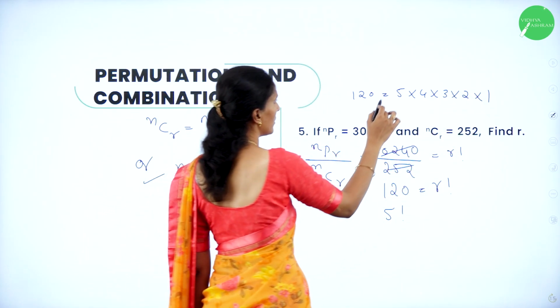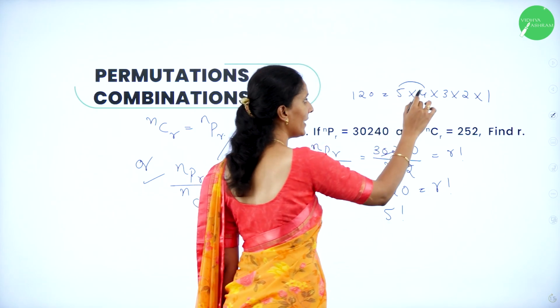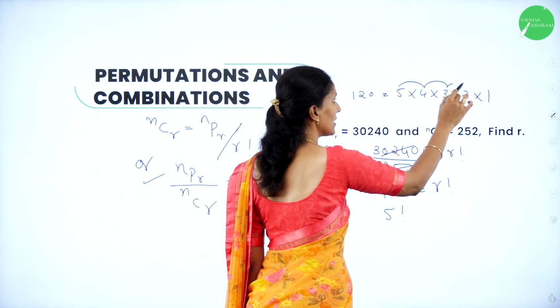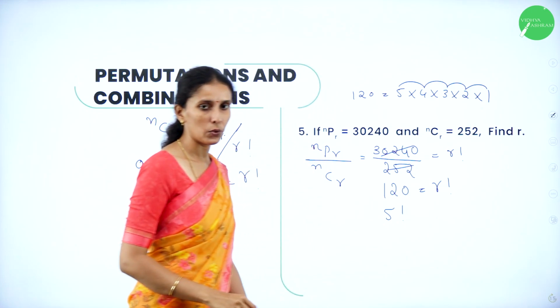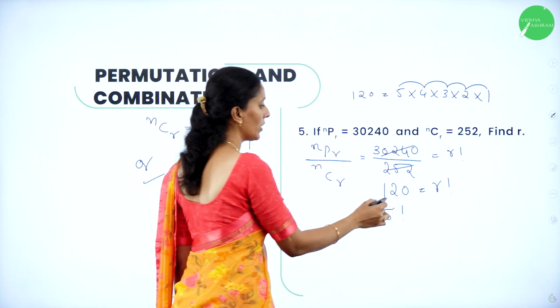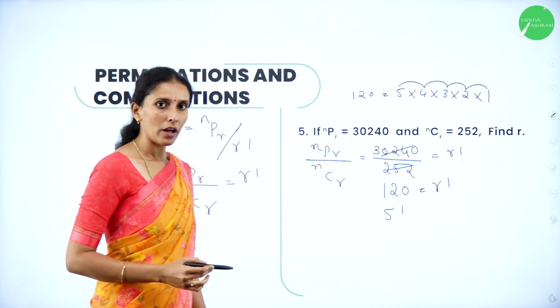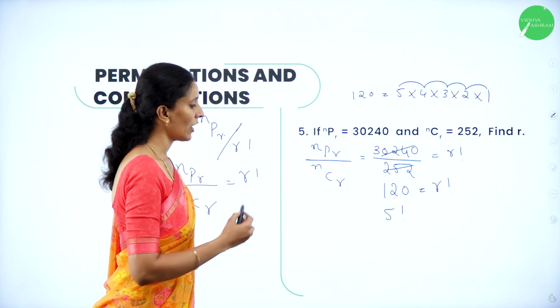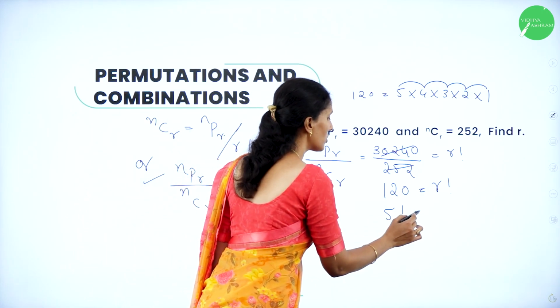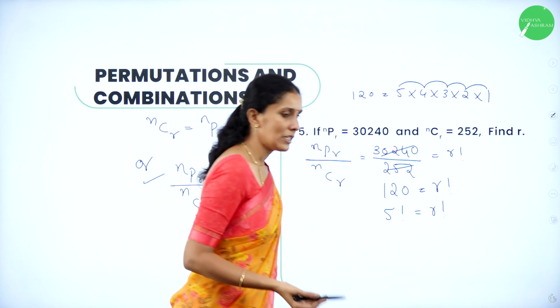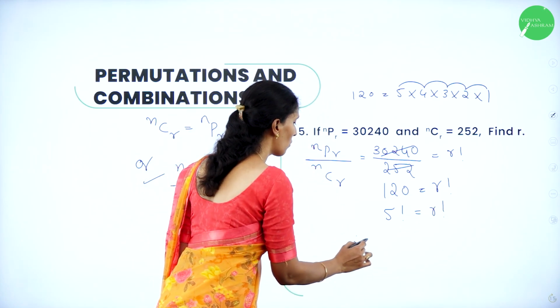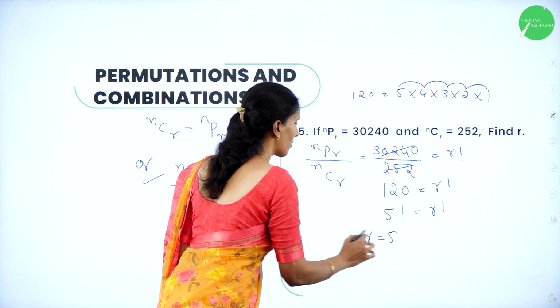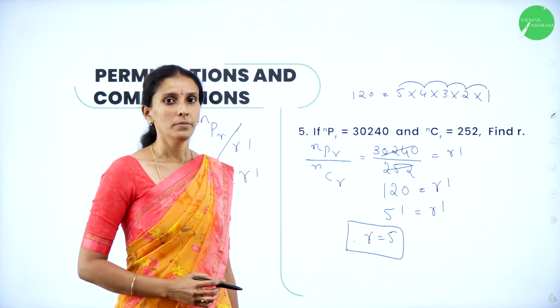You check: 5 fours are 20, 20 threes are 60, 60 twos are 120, into 1 is 120. So 120 is the product of the first 5 consecutive integers. Therefore it is 5 factorial, which is equal to r factorial. Just remove the factorial. So what is my r? r is equal to 5. So next question.